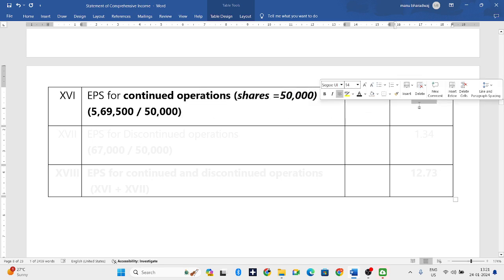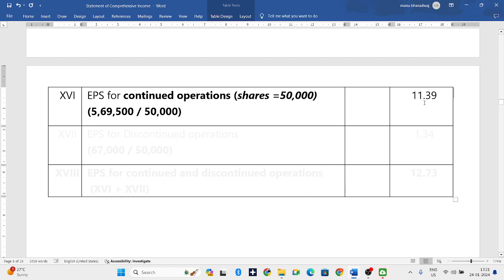When you divide, you will get 11.39 rupees. So this is earning per share. For one share, this is the value.